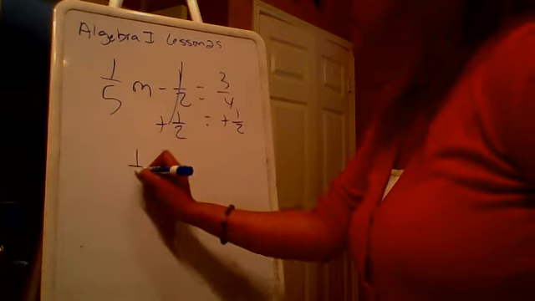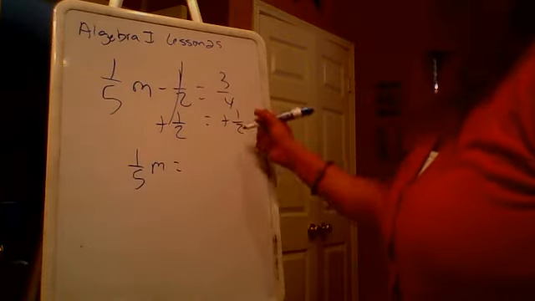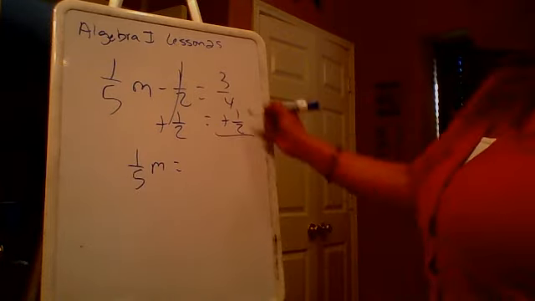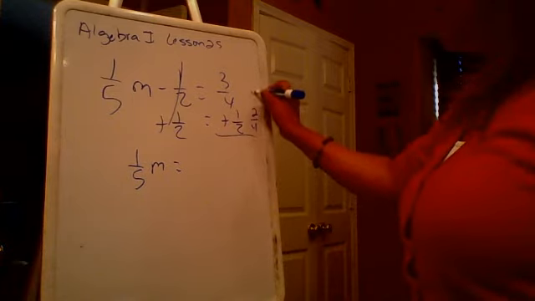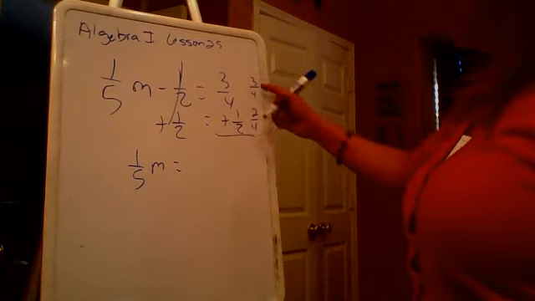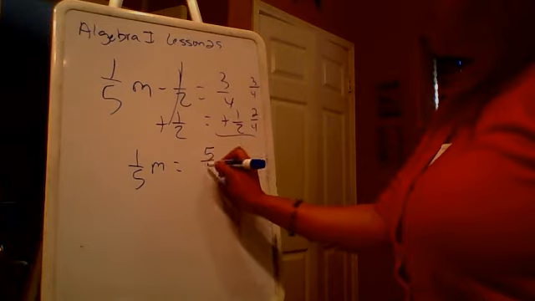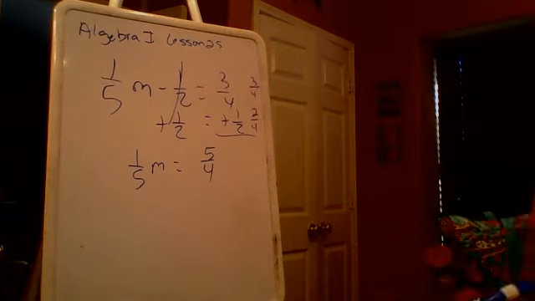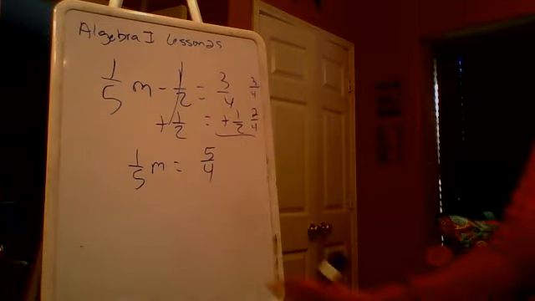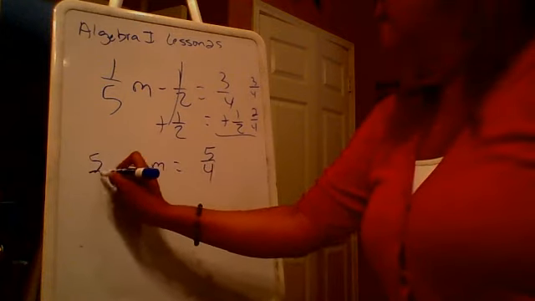So this becomes 1/5 m equals. Then you have to go to your rules. How do you get a common denominator? I don't have one, so I have to rename these. So now I can add. That becomes 5/4. I'm going to leave it as an improper fraction for now. Then I want to multiply both sides by its reciprocal.